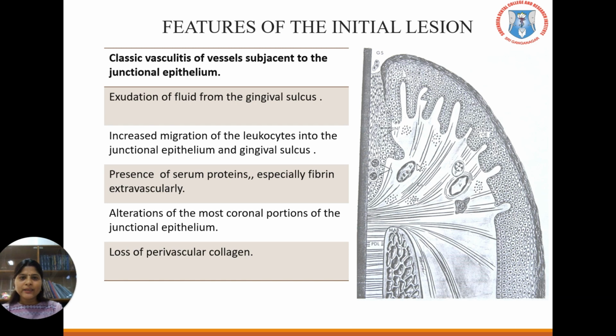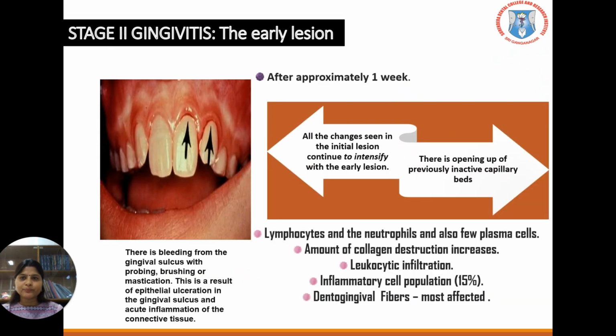Because the fluid from the blood vessels has moved out, serum proteins, especially fibrin, are seen extravascularly. The serum proteins present in the blood have now moved out, so the quantity of plasma proteins is increased. There is alteration of most of the coronal portion of the junctional epithelium. Also, there is loss of perivascular collagen.